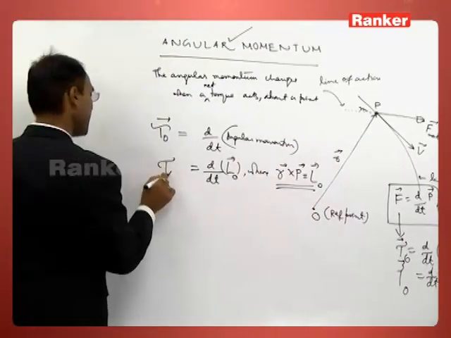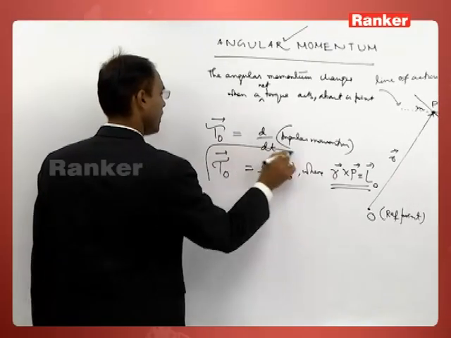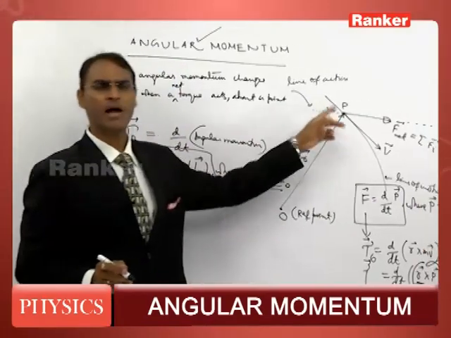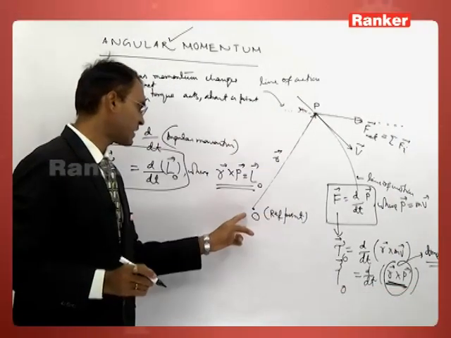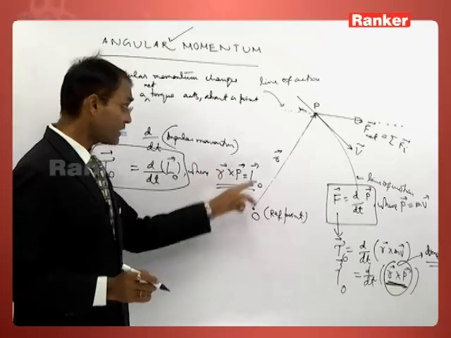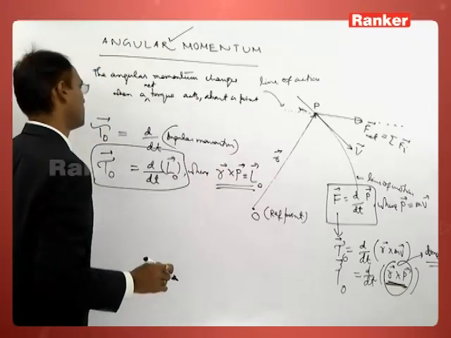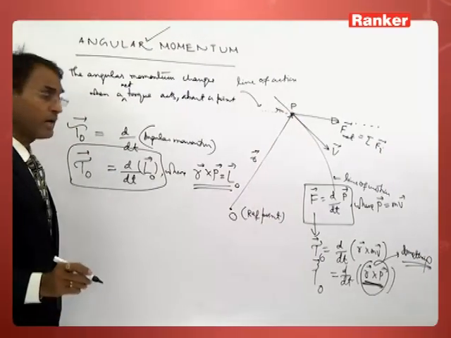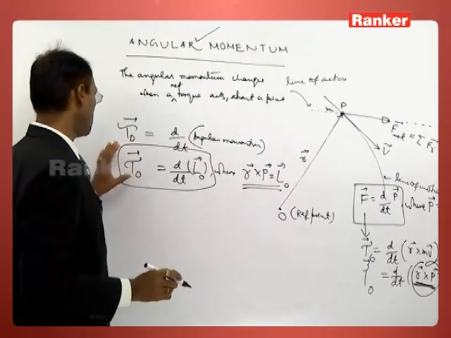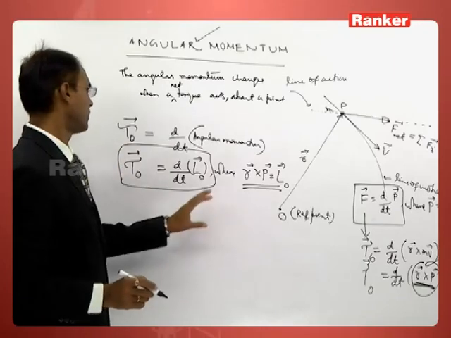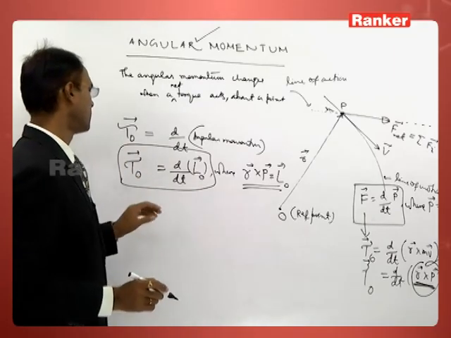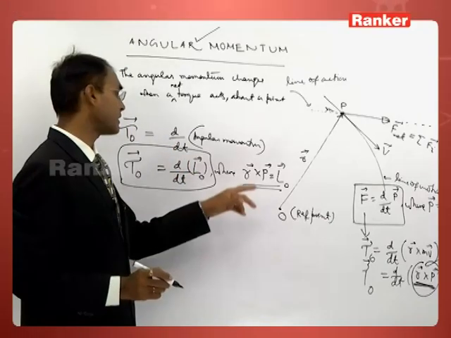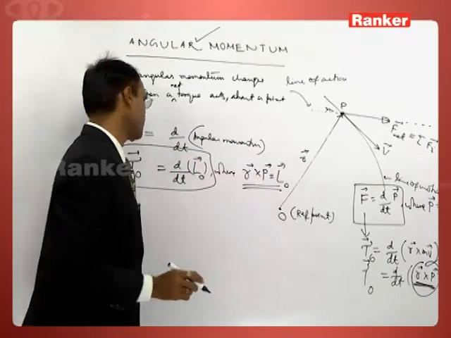So whenever a particle experiences a net torque about a certain point, that particle must change its angular momentum, and the net torque will be numerically equal to the rate of change of angular momentum of the particle about that same reference point.